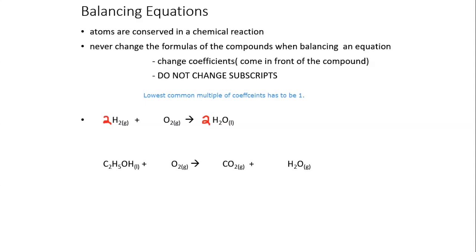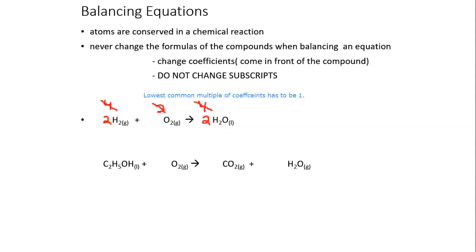So for example, if we were to put 4, 2, 4, this is balanced, but the lowest common multiple is not 1, so you'd factor out the 2, we would get 2, 1, 2. So always make sure that when balancing equations, the lowest common multiple between the coefficients is always 1. If it's not, then you're going to run into issues when balancing. So that's that one.